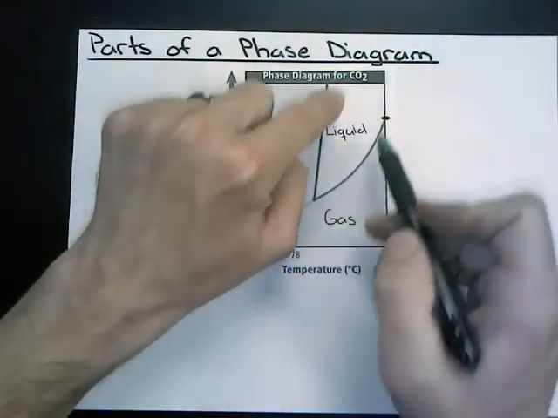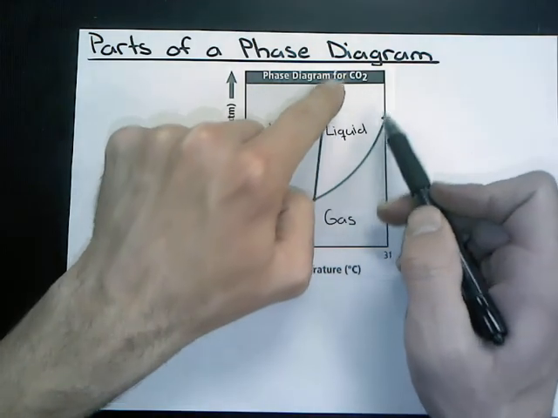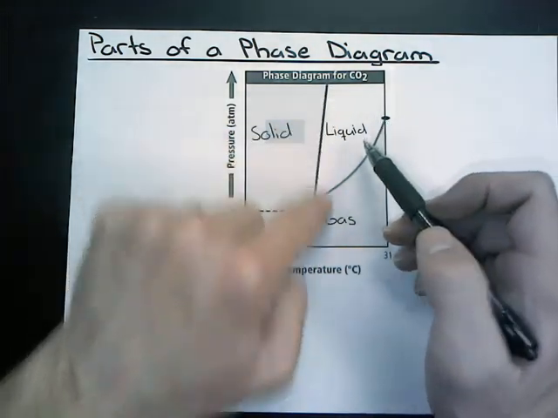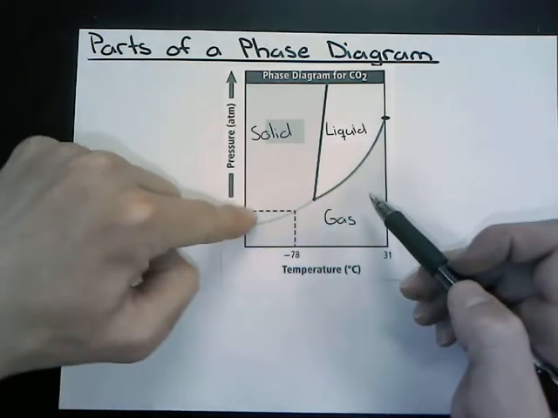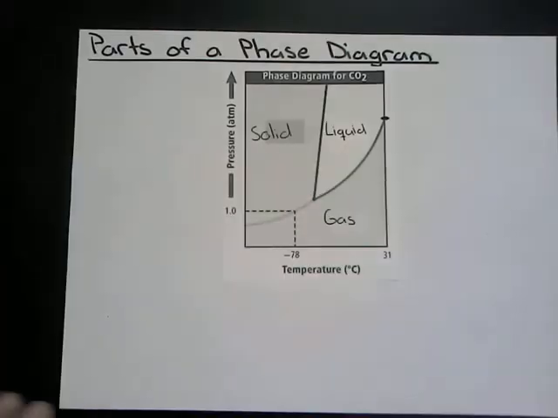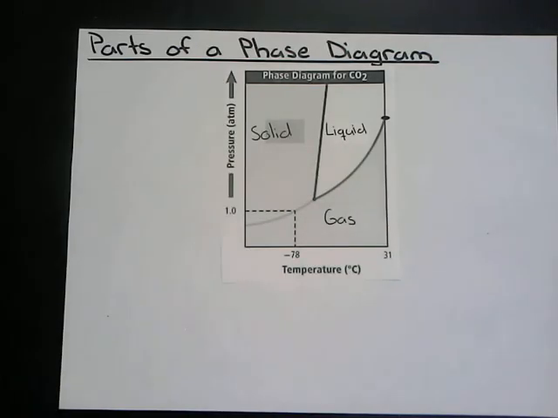So again, any conditions that are in between this region, I have my fingers pointed in, is a liquid. Anything in these conditions here is a gas, and same thing with a solid. So they each have their own distinct regions. Now, I want to talk about 2 points that I have labeled on this particular chart.